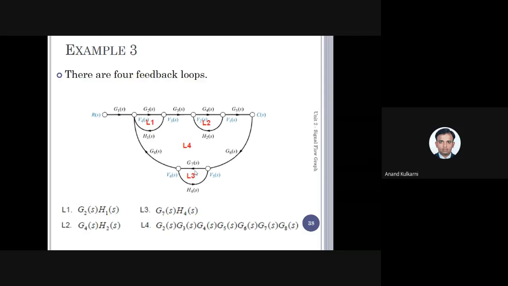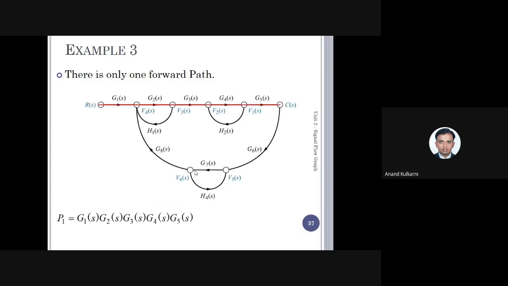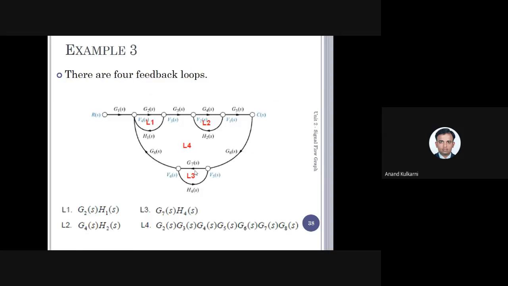Okay, I'll just go back. In the meantime, you can copy this down. The forward path is G1, G2, G3, G4, G5. Second, there are 4 feedback loops, L1, L2, L3 and L4.